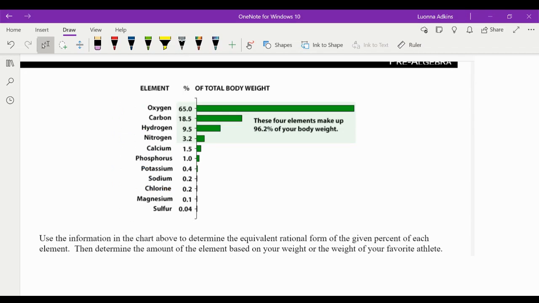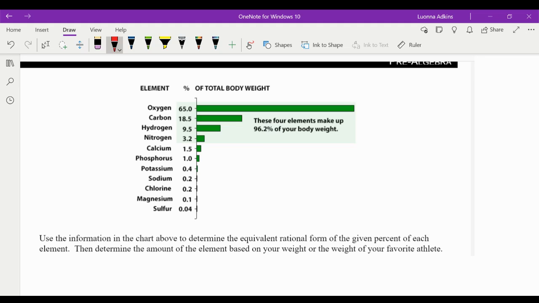Today, we're going to explore writing numbers in different rational forms. We're going to take the information provided in this chart, which shows elements as a percent of total body weight. So we're looking at percentages.